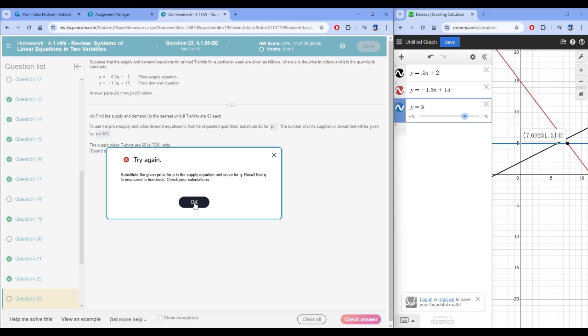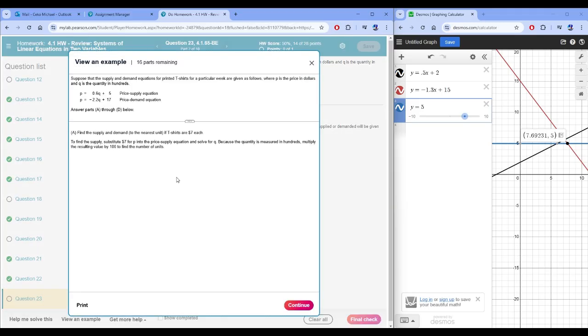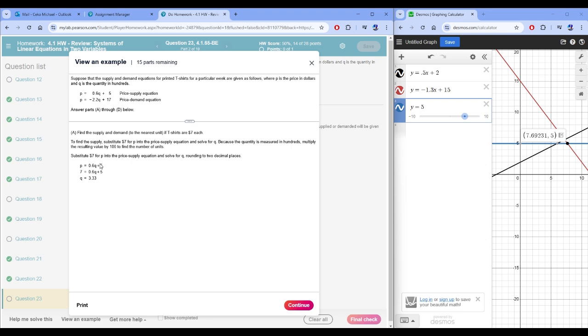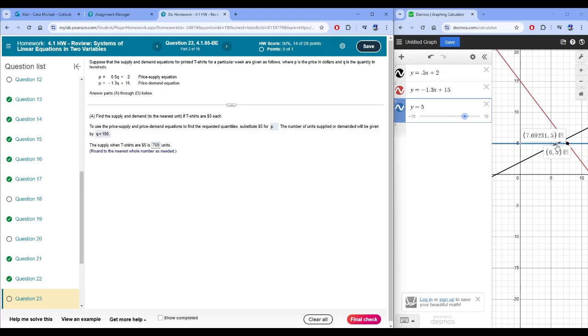What do you mean I'm getting this wrong? How would I do this? Did I not do that? Oh, I needed the black line. I'm so foolish. 600 units.